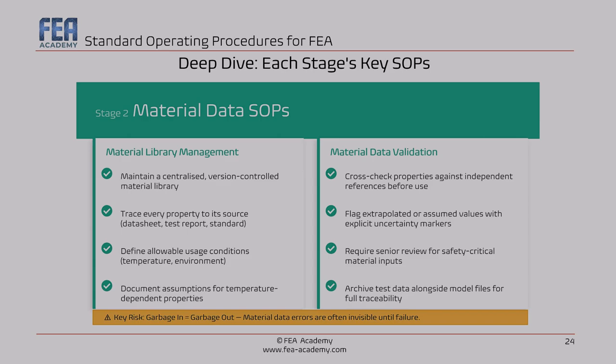The properties are used at temperatures well outside the validated range with no flag, no warning. It's very common to see that. Proprietary material cards where the original test report no longer exists or was never linked in the first place. It's very, very common to see that.